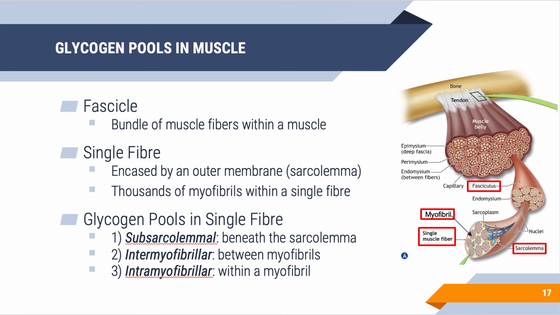We can have glycogen stored between the myofibrils, and we can also have glycogen stored within the myofibrils. So the three major stores again are subsarcolemmal, beneath the sarcolemma, intermyofibrillar, between the myofibrils, and intramyofibrillar, which means they're stored directly within each myofibril.